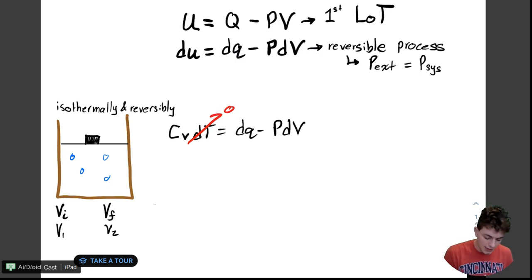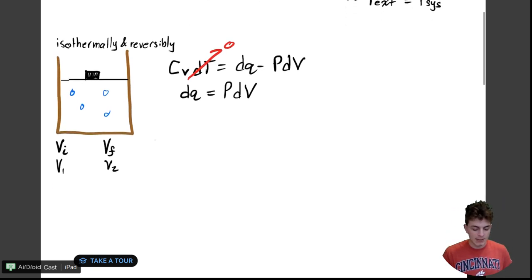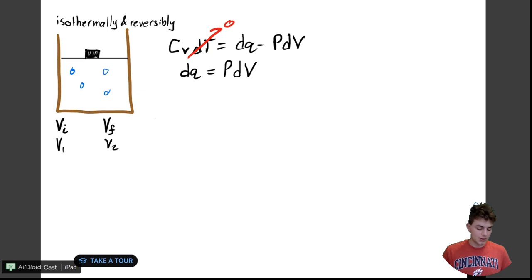So we can rewrite this expression for an isothermal reversible process as follows: the heat is going to be equal to the work done by the system. Now this is a pretty important relation that I would say is almost worth committing to memory. Now that we've gone ahead and done this, we have also defined this as a reversible process. What this means is that the pressure external is the pressure of the system.